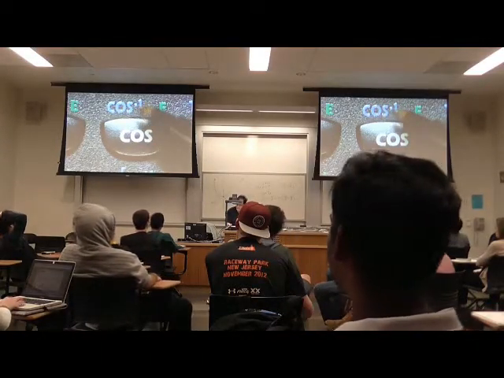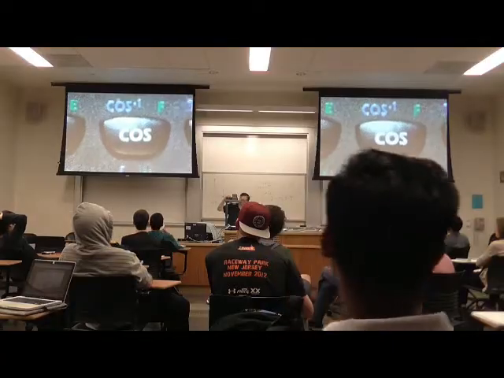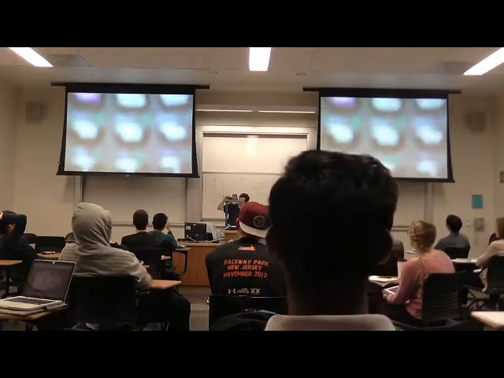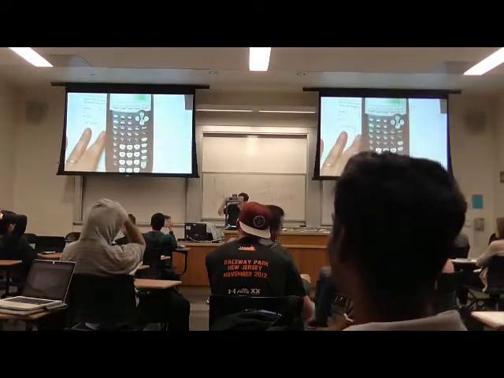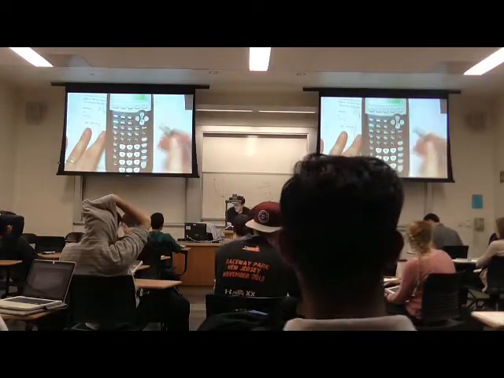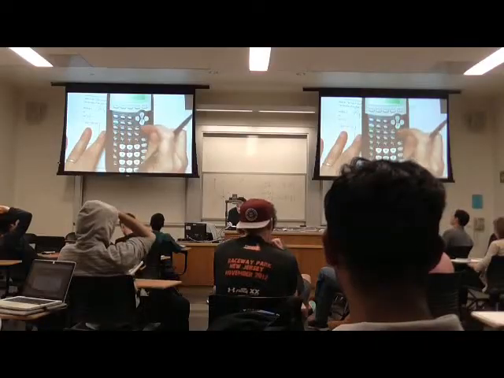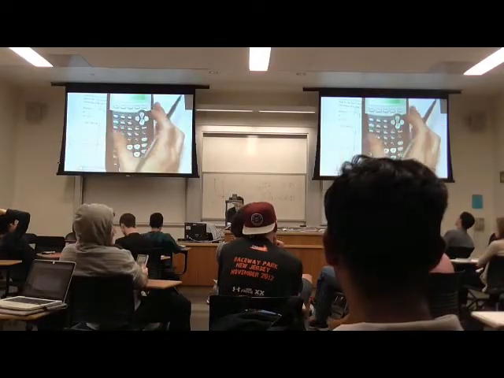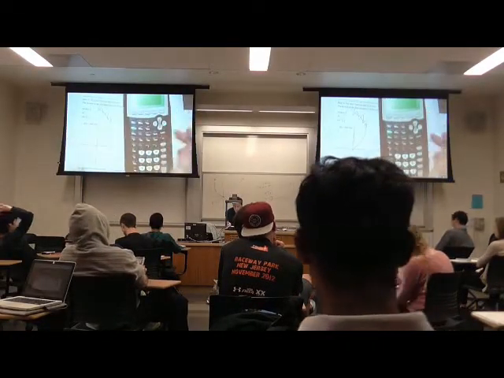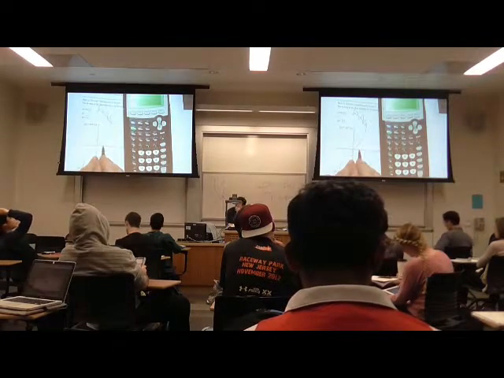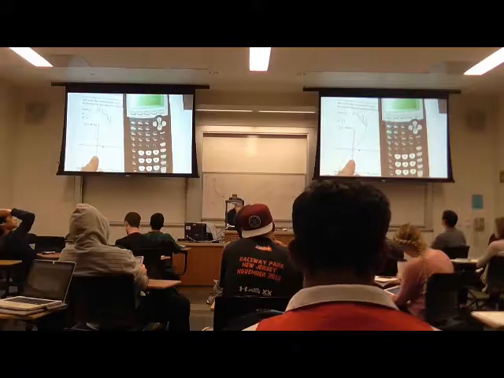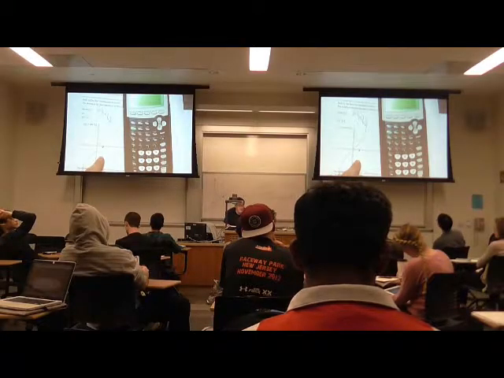To get this button, we have to press the second button here, but let's take a look. Let's just pick some points on our graph and make sure that we're dealing with the right inverse.